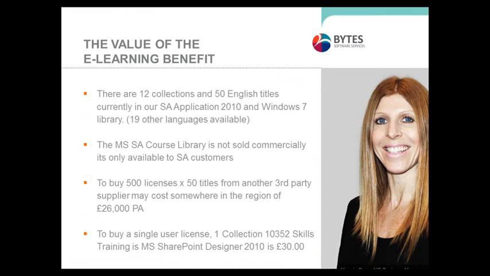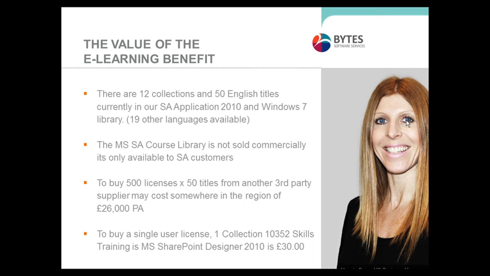Another benefit, as mentioned, is the e-learning that you would get under your agreement. The e-learning is for end users. Unfortunately, technical content is not available anymore for any of the new products. The e-learning is available, as you can see, in 12 collections with 50 English titles on Office 2000 through Office 2010 and Windows 7.